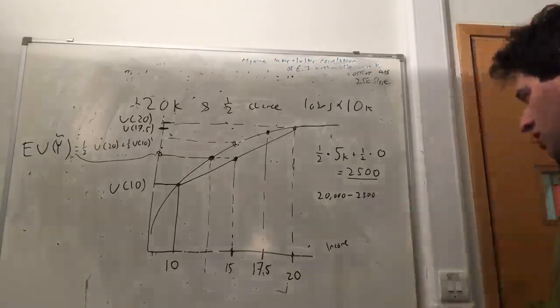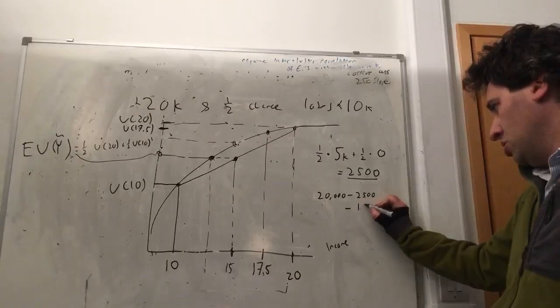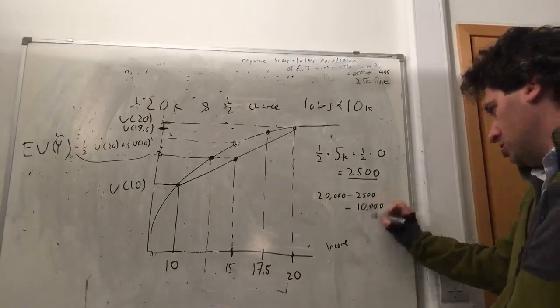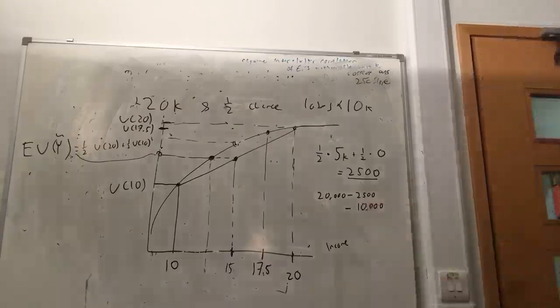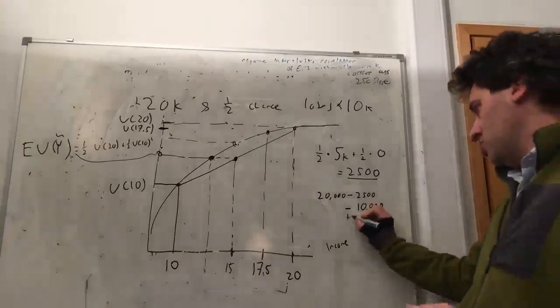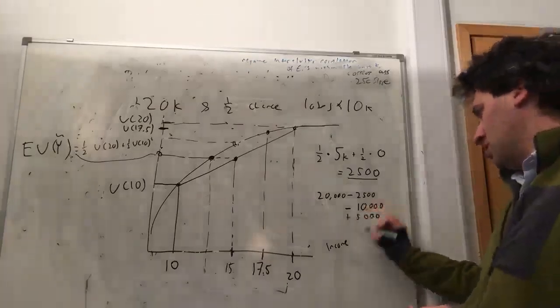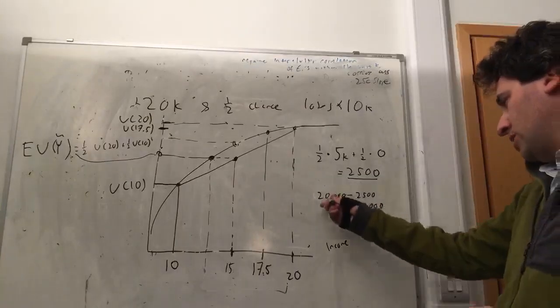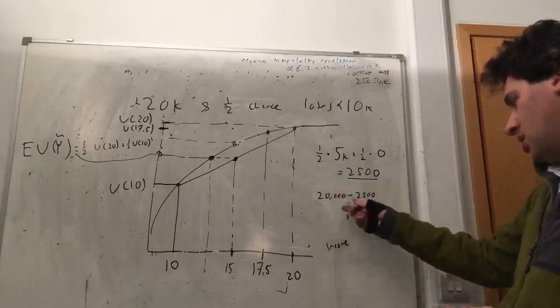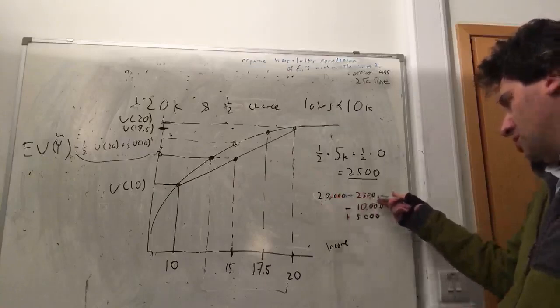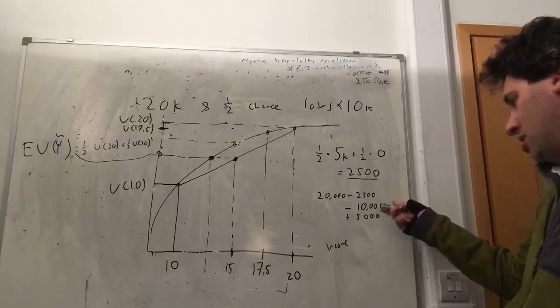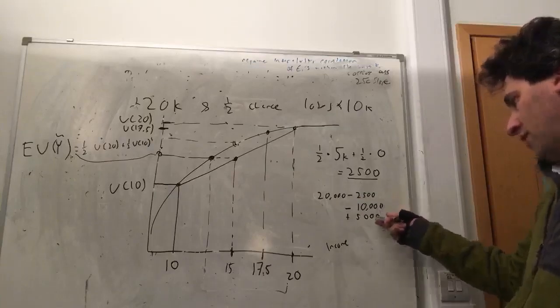If they suffered the loss, they lost an additional 10,000, but then they were paid back half of that loss, so they gained back 5,000 of the 10,000. So we have 20,000, 17,500, 7,500, 12,500.